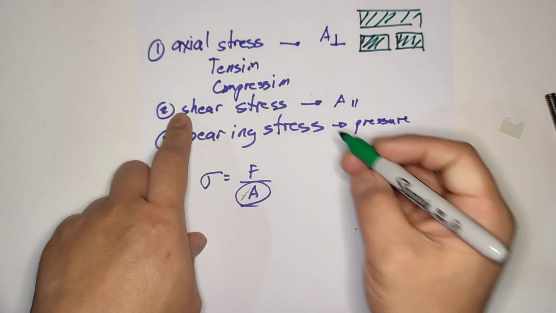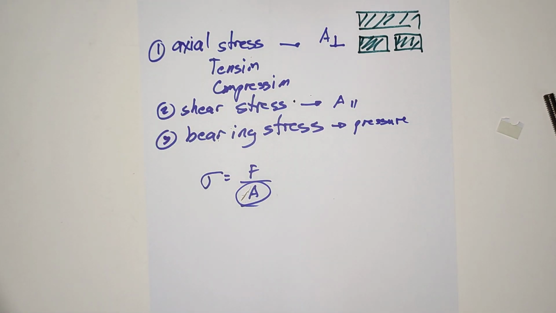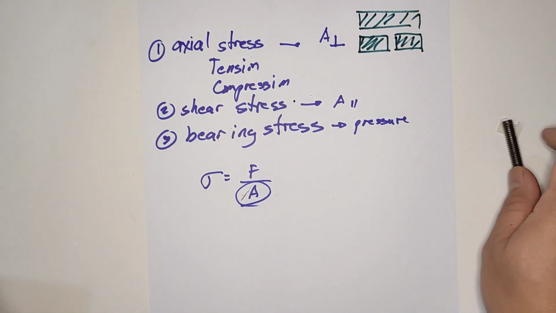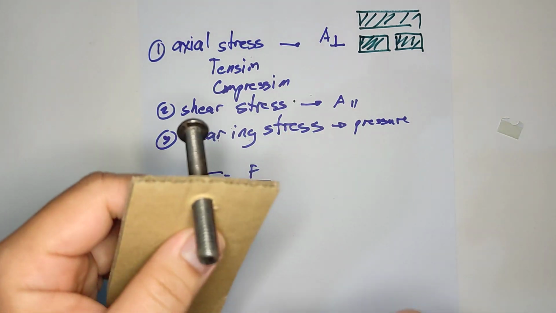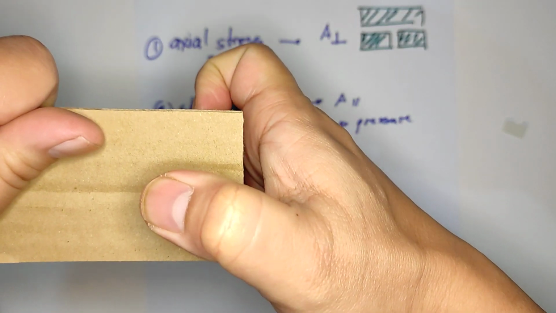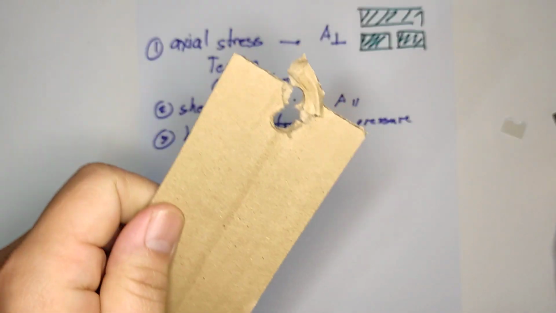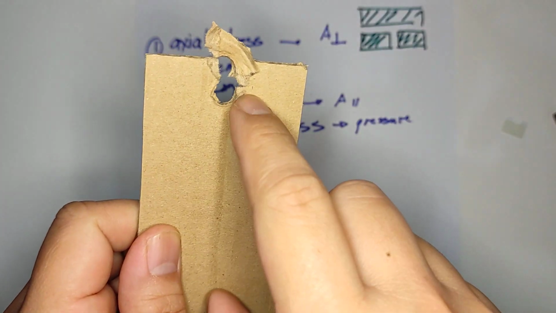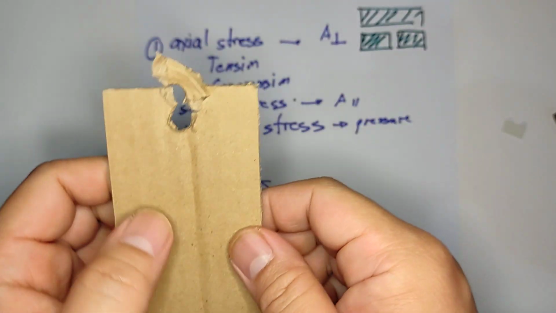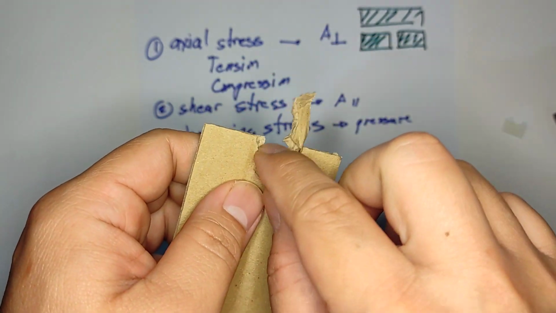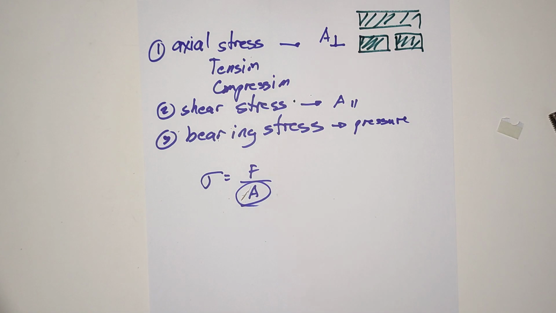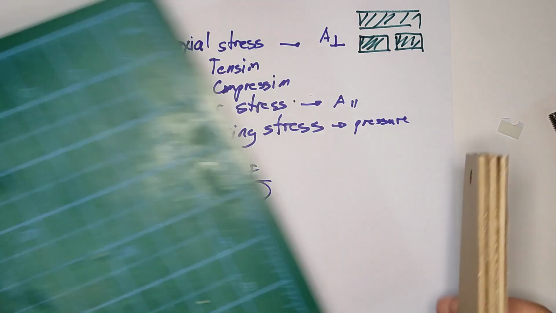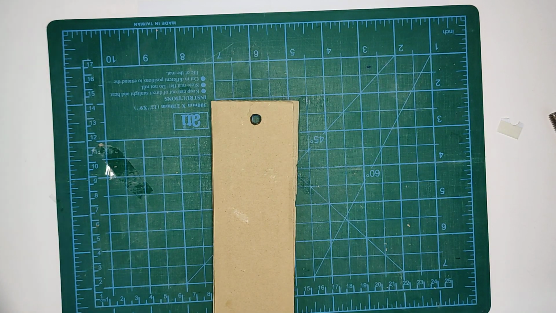Now let's go to shear. In terms of shear, I will demonstrate. Again, here, I'll put a force like that. So it's sheared. The failure is not here, but in here. That's what we call a shear. But again, let's simplify it in strength of materials.